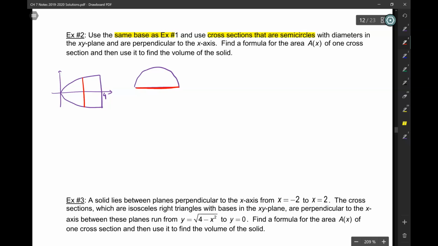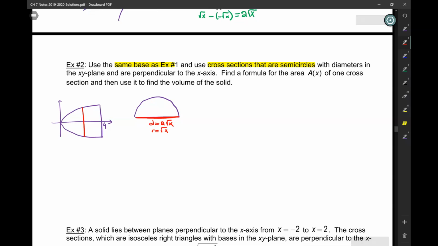So that is 2 root x, which means the radius is root x. So now the area, remember, is a function of x. It's a semicircle, so it's half of pi r squared.